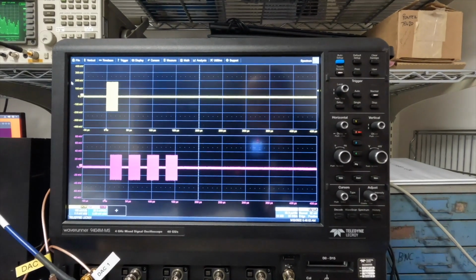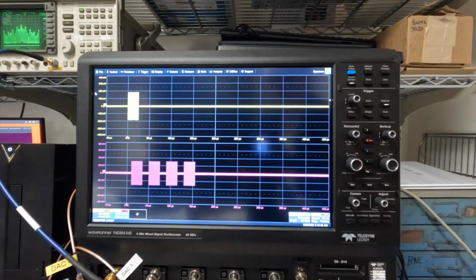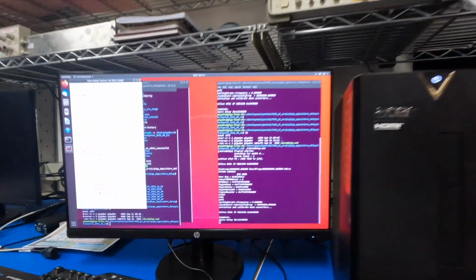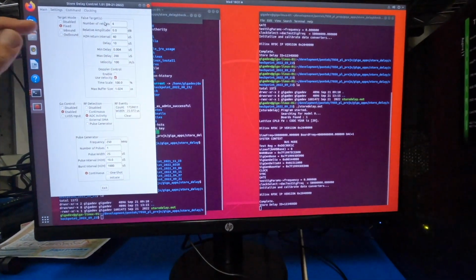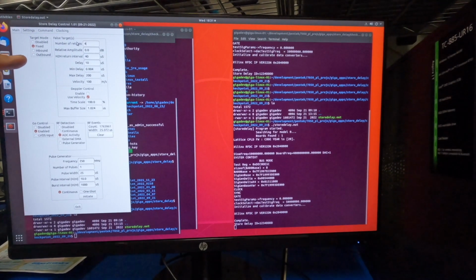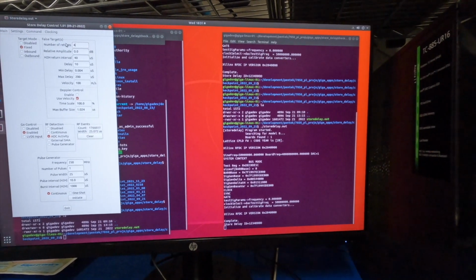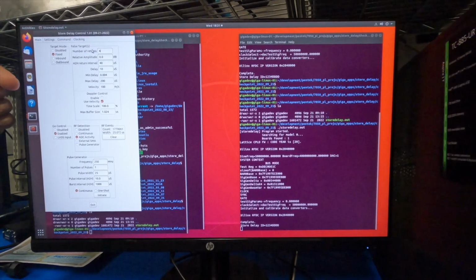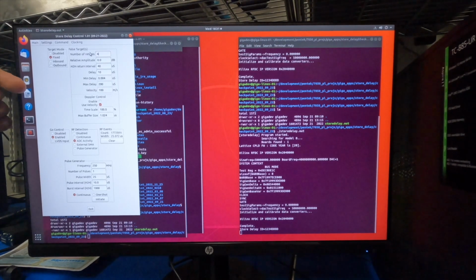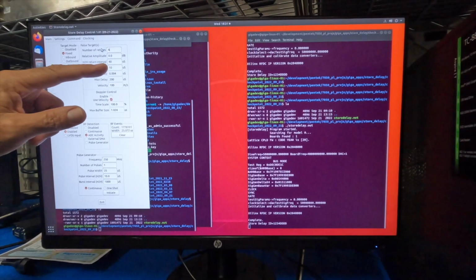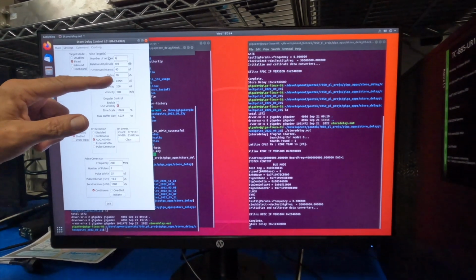Okay. Now let me show you another feature. What we're going to do now is not leave it as a fixed offset. We're going to actually make it move either inbound toward the target or outbound away from the victim radar. So we're going to start first by changing the initial delay to much greater than 10 microseconds, and then we'll walk it in.